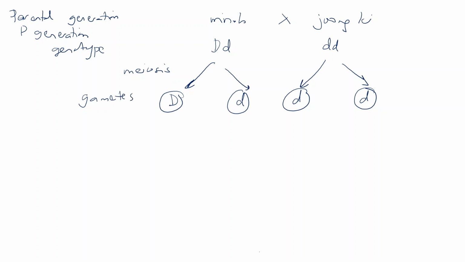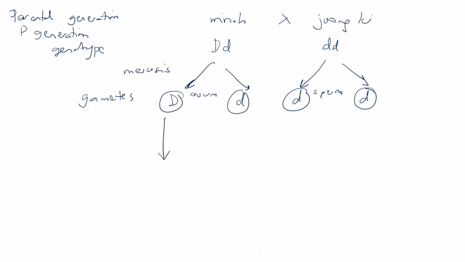For Mina, her gamete is the ovum. For Junki, his gamete is the sperm. Now the sperm will try to fertilize the ovum, so we have fertilization after this.